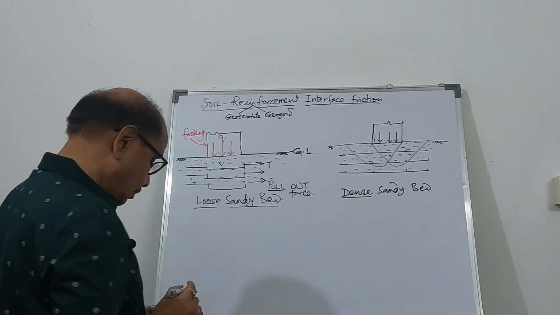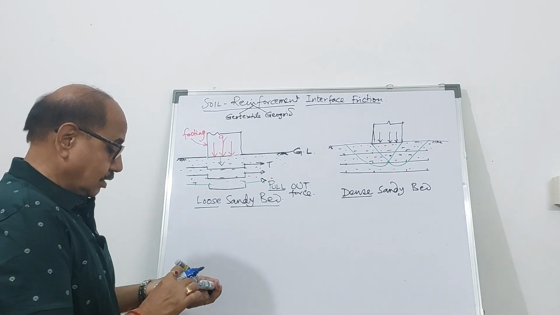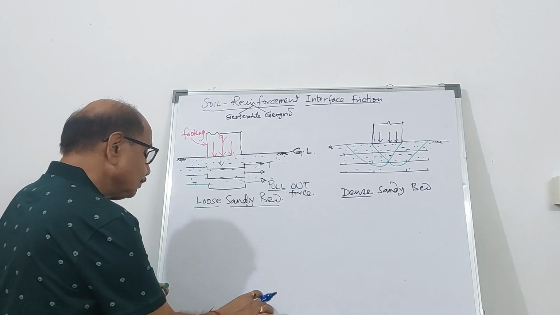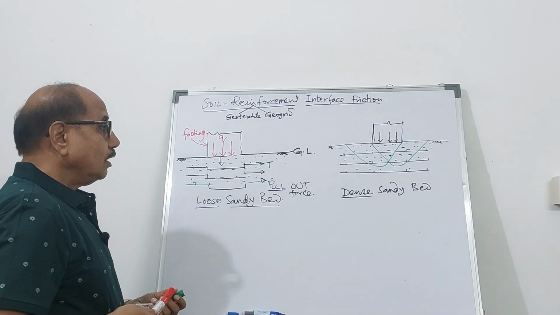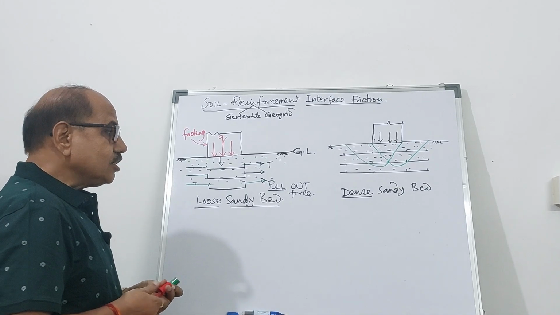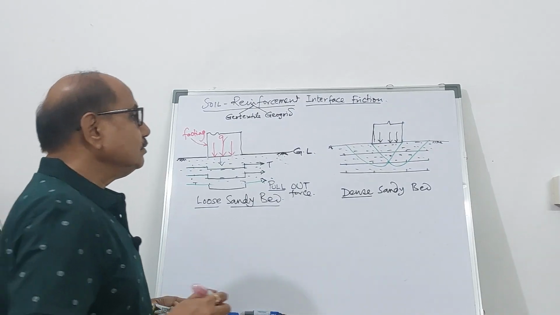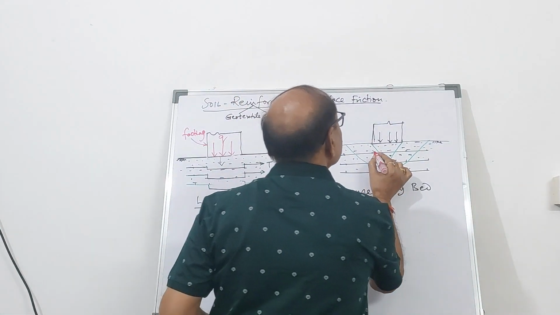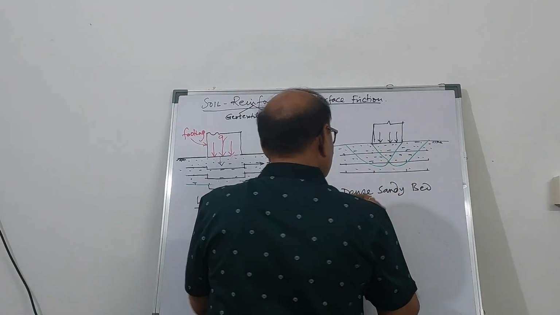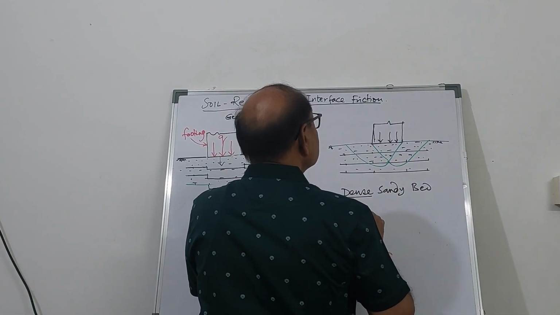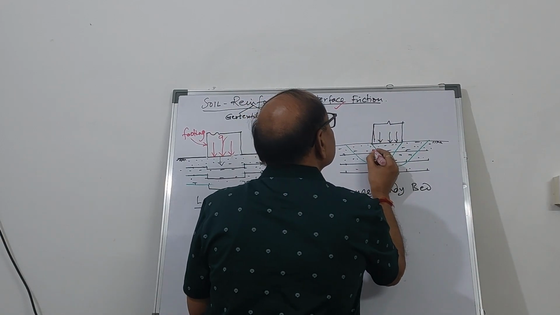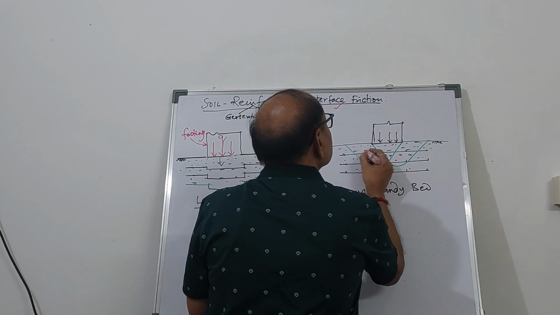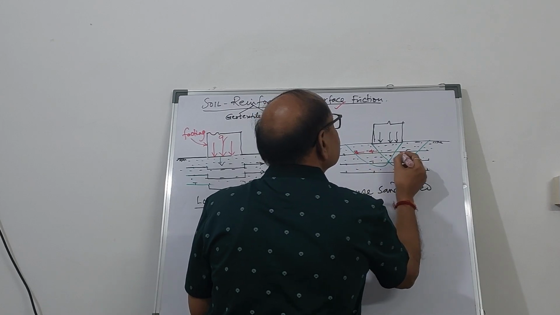So friends, if it is a dense bed, then the interface friction is going to be like this. The soil is going to move like this.